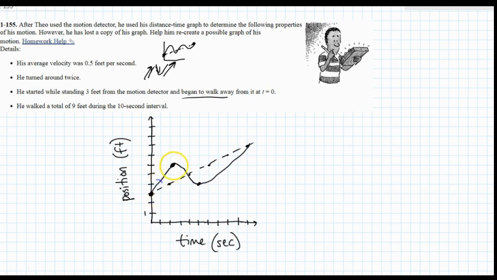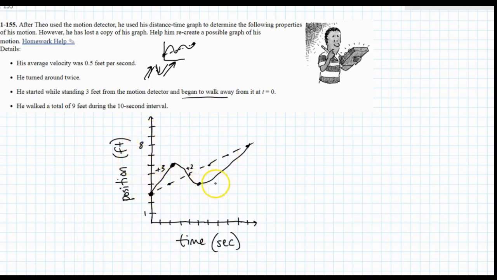So from 3 to 6 feet, that's adding 3 feet. Then I'm going back 2 feet, but it says the total distance is 9 feet, so I'm just going to consider that a plus 2. And then he walks away, and we went from a position of 4 to ending at 8 feet.